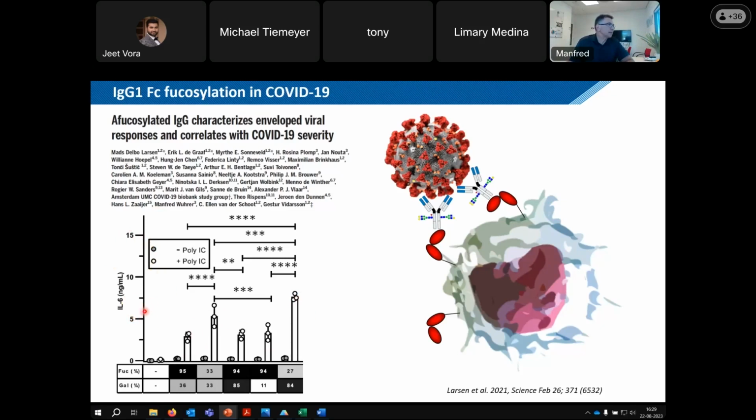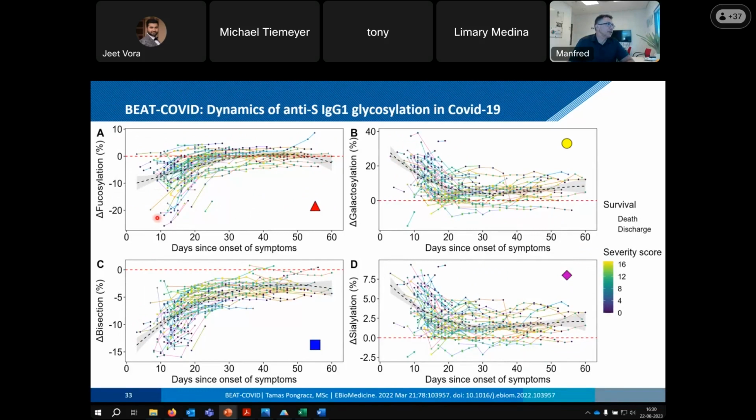Triggered by the data on early versus late responses, we then looked at the whole time course for roughly 150 patients. We followed all these patients, as shown here, and saw that at the early time points, when patients came into the clinics with massive symptoms, many showed low fucosylation, and then in the course of the infection, the fucosylation levels normalized.